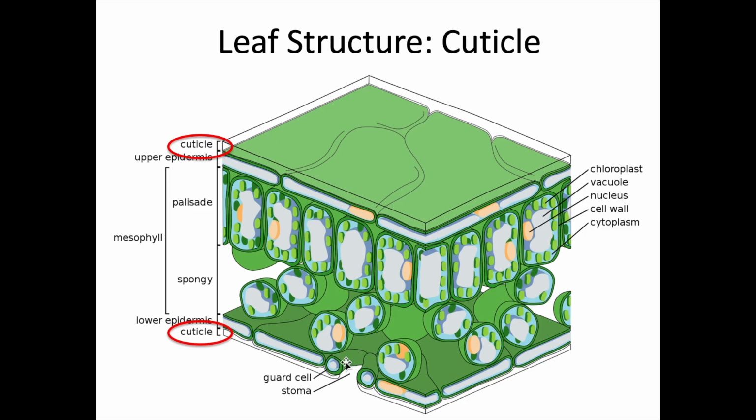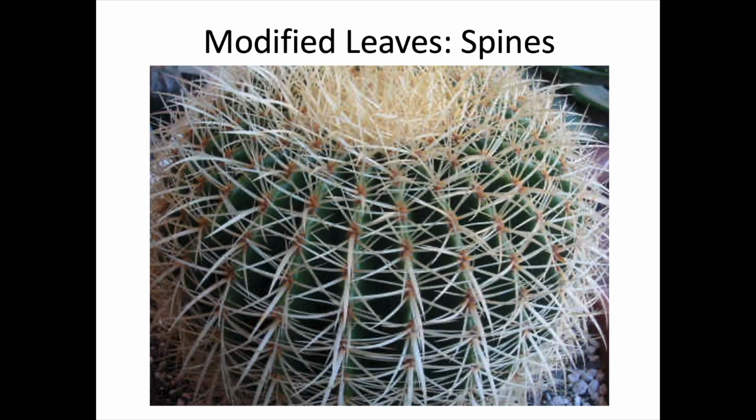So in doing gas exchange, you're also going to lose water. In desert plants, losing water is a death sentence. And so instead of having leaves with as much surface area as possible, they have leaves with as little surface area as possible to minimize the amount of water loss.